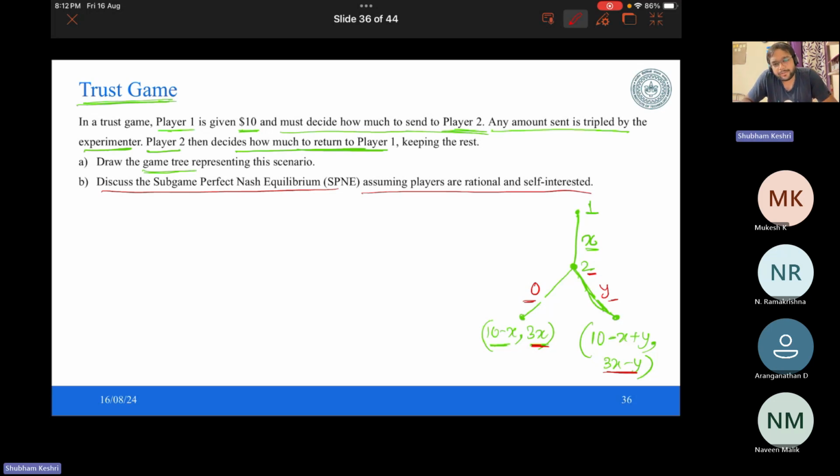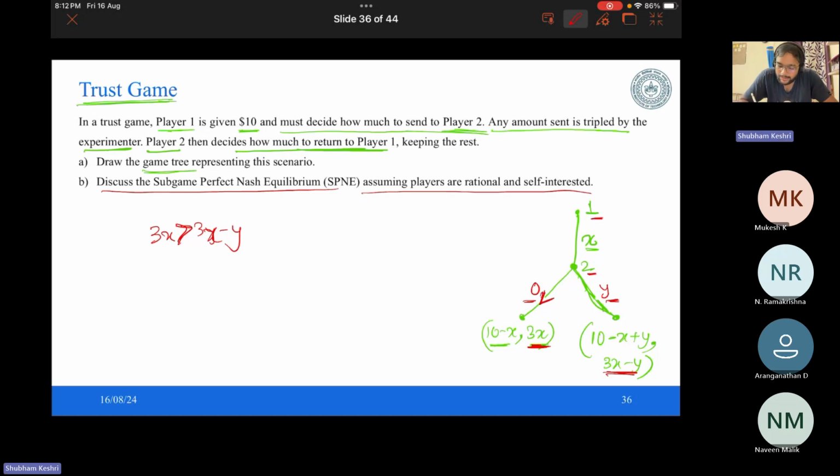So 3x is always greater than 3x minus y if y is positive. We have assumed y is positive. Therefore, player 2 will always play the strategy 0.